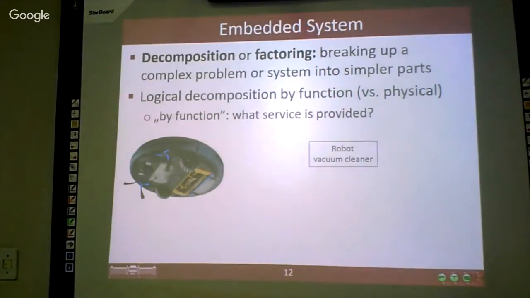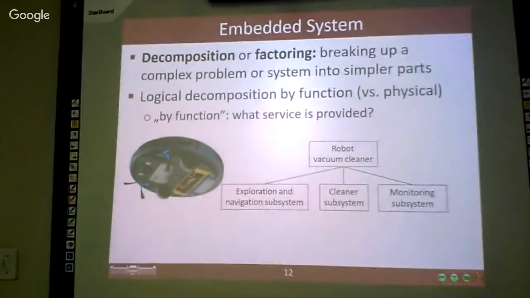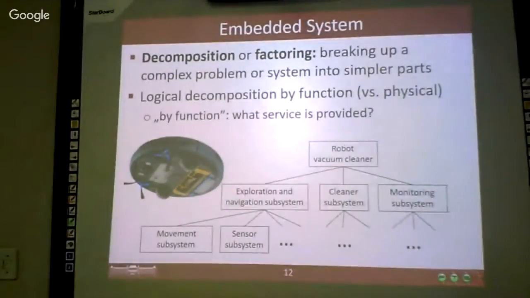I really like them because otherwise my home would be in a huge mess. The robot vacuum cleaner has three main functions. It has an exploration and navigation subsystem, a cleaner subsystem, and a monitoring subsystem. And we can further decompose these subsystems to reach the goals of the system.